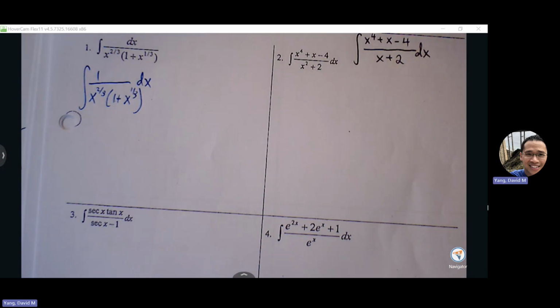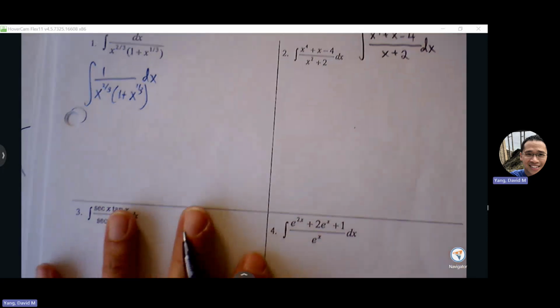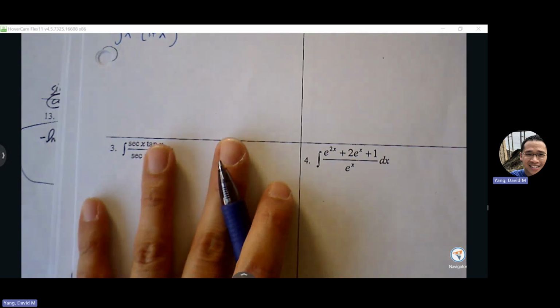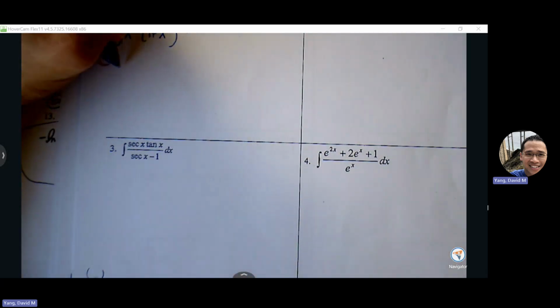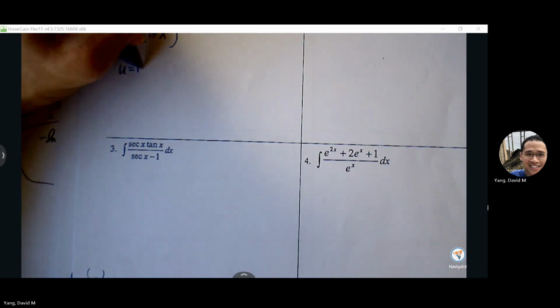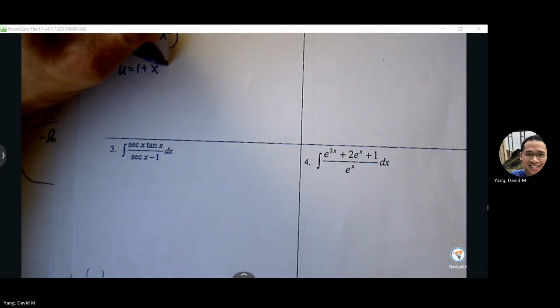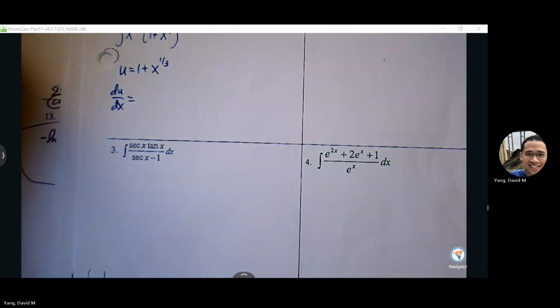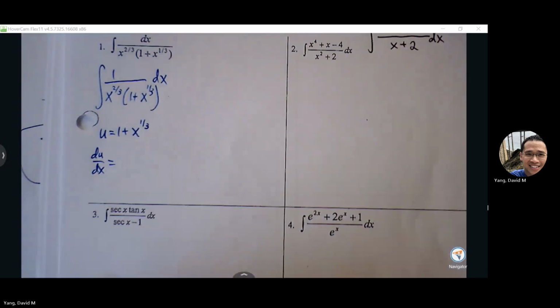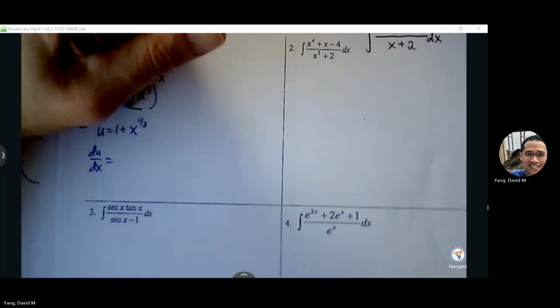But if this was the wrong u value, you will be able to instantly tell when you find the derivative. I'll show you how you can tell just by finding the derivative. So what's our derivative?